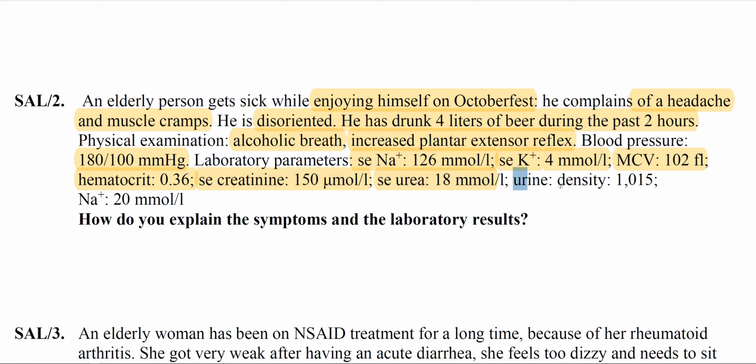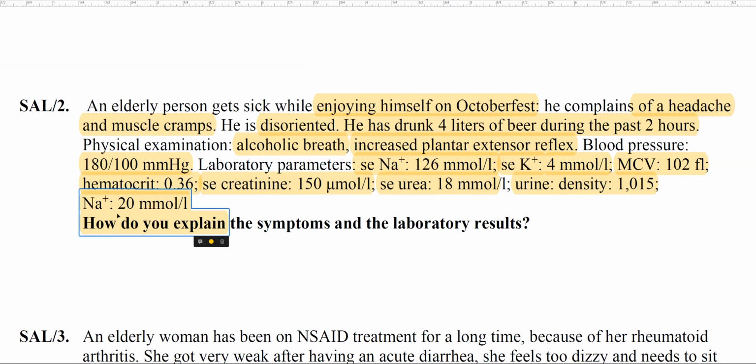And the urine density is normal. The urine sodium is 20 millimoles per liter, so relatively we are losing sodium.